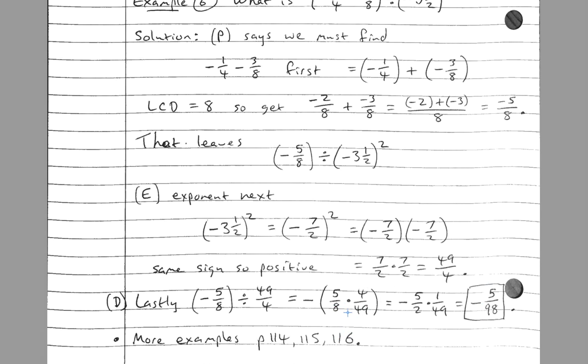Okay, I can see this 8 is 4 times 2, so you can cancel 4s. You're left with a 2 and a 1. So pre-canceling here, and we end up with 5/2 times 49 is 98, and the whole thing is negative. So -5/98.